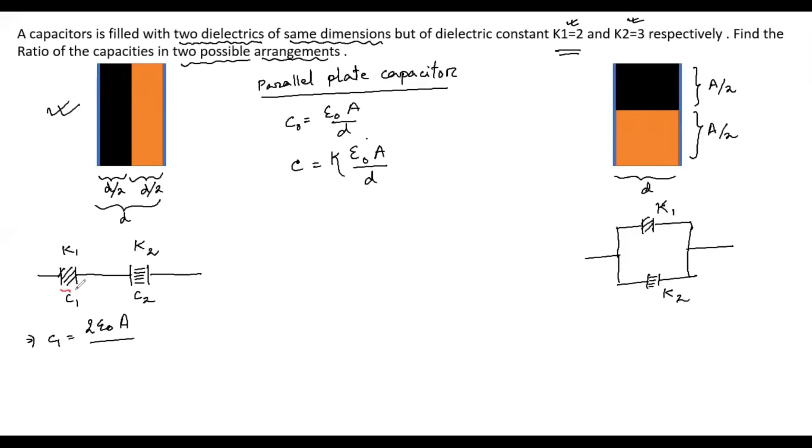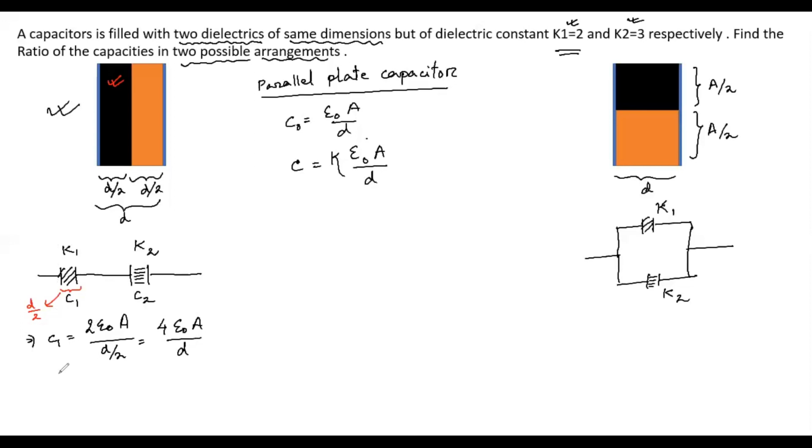The separation is d by 2 because this dielectric slab of dielectric constant K1 has a thickness d by 2, and this entire dielectric is inserted in this capacitor. So that is why we write d by 2 there, and we will have a capacitance value of 4 epsilon naught A by d. So this is the capacitance of this first capacitor with dielectric constant 2.